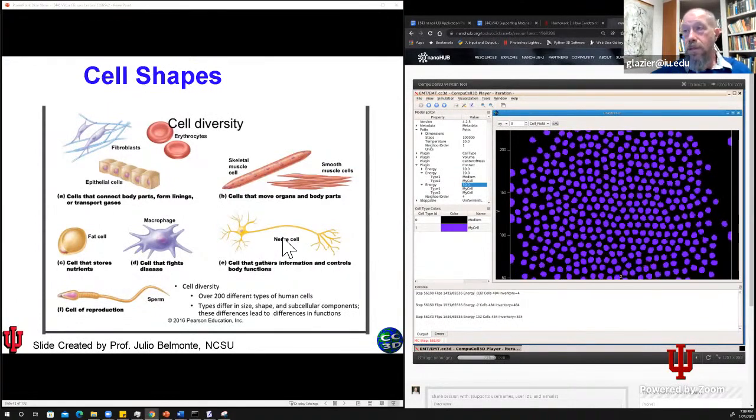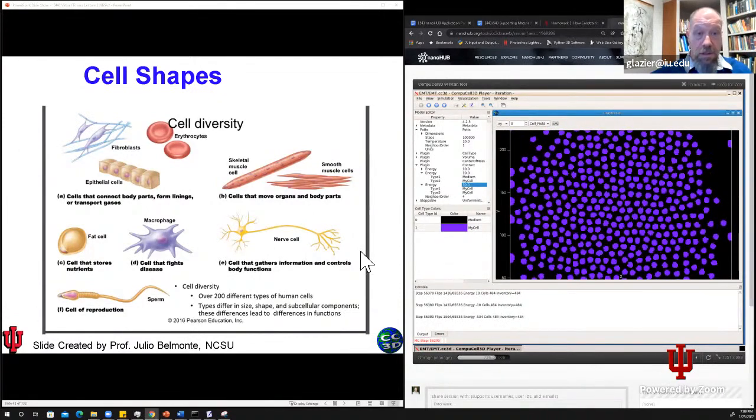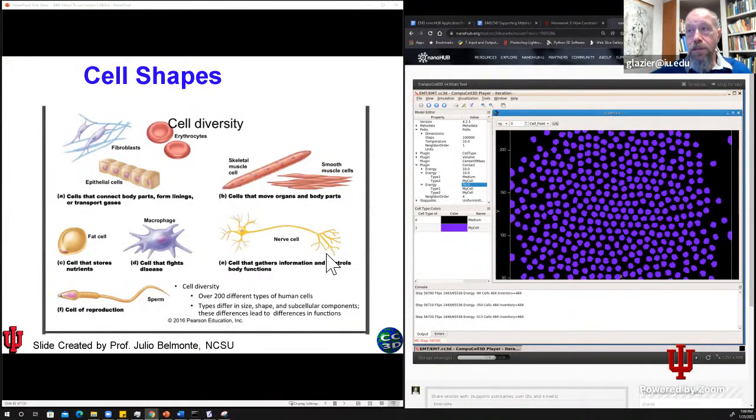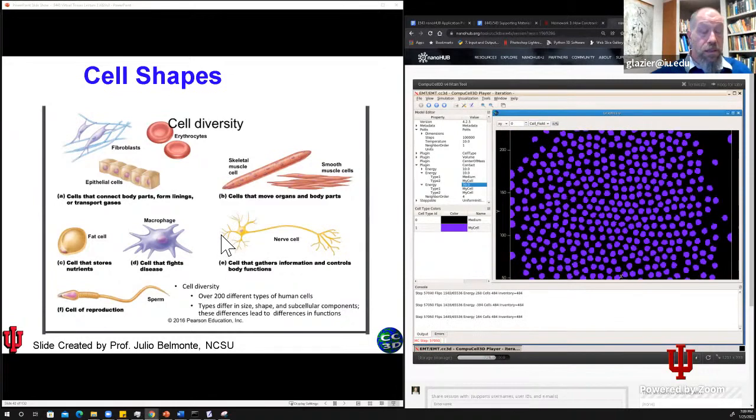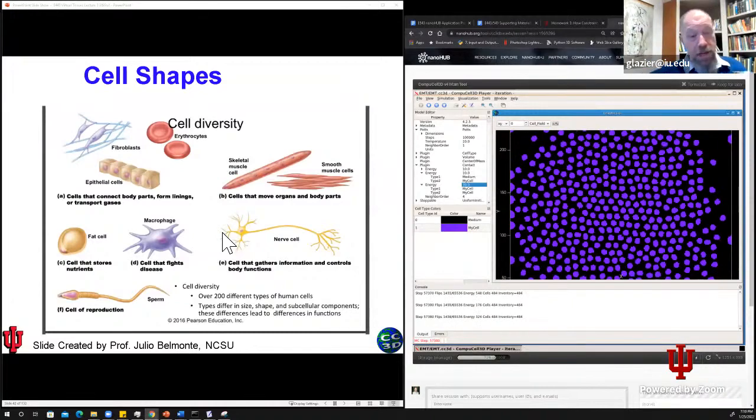You have things like neurons, which have all of these ramifications, and where it's not even clear that what's happening to determine the shape at one end of the cell is sending a signal directly that changes the shape at the other end of the cell.